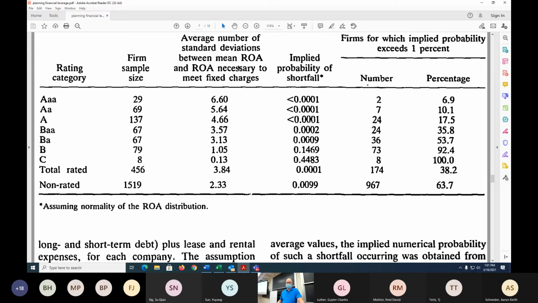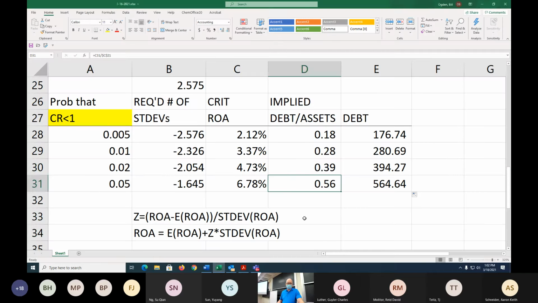But let's do one that's kind of reasonable here. Let's do a B bond, 1.05. I have had students in the past say 1.05, well, that's about a 70% probability. Why would they say that? Well, I guessed at that. Let me see how far off I am.